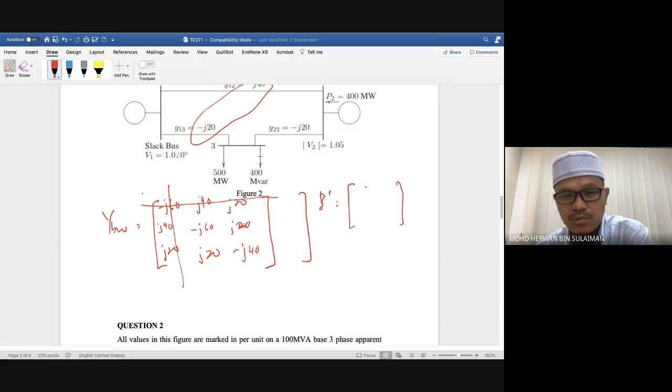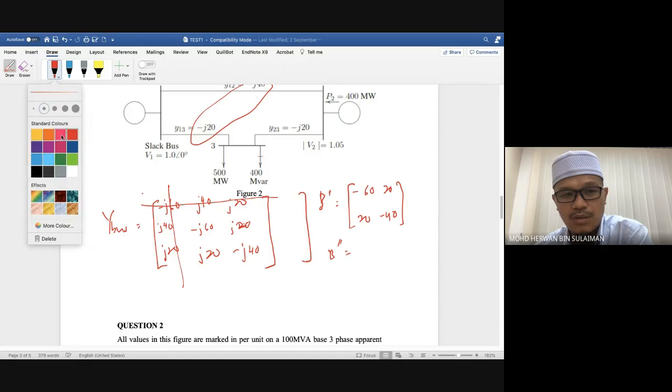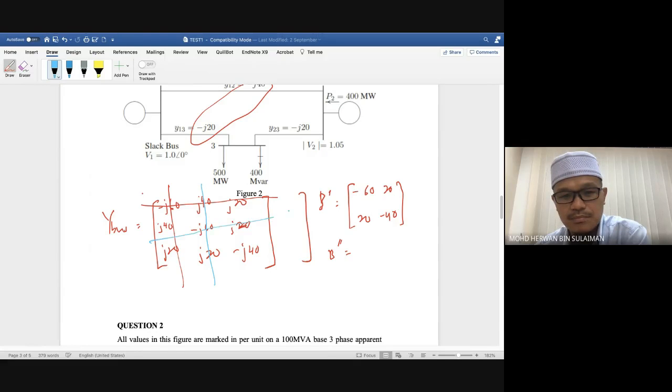So you get your B prime matrix as minus 60, 20, 20, minus 40. And then B double prime, you eliminate. Now you need to eliminate the PV bus, right? Bus 2. So here. What remains is negative 40. Look at the front.